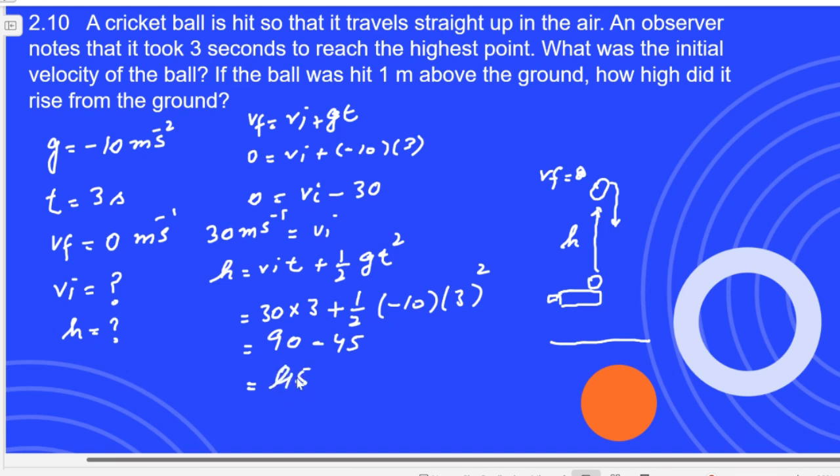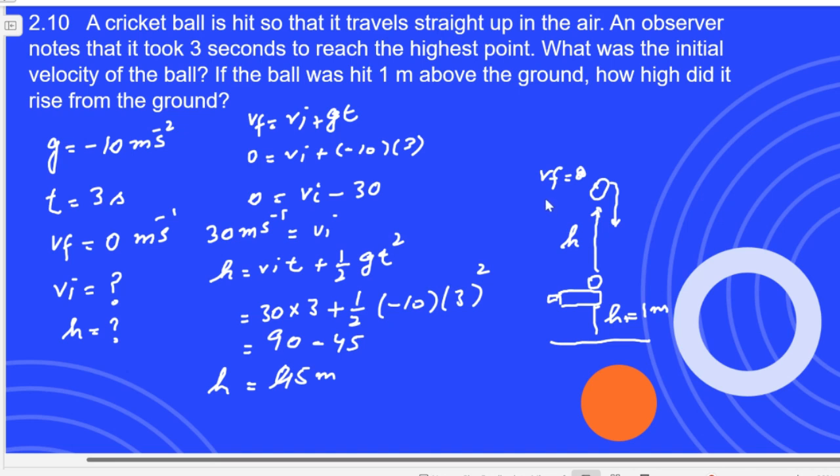This is the height, and this is 45 meter. Since the ball was hit 1 meter above the ground, as the observer was seeing, if I write this as h1, then it is 1 meter. Then they have asked to find the total height, from the ground to the ball, so we have to calculate this total height.